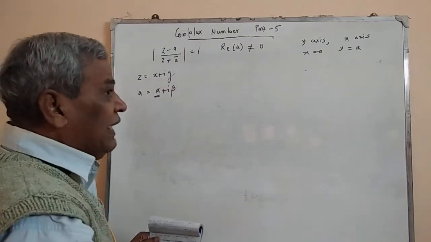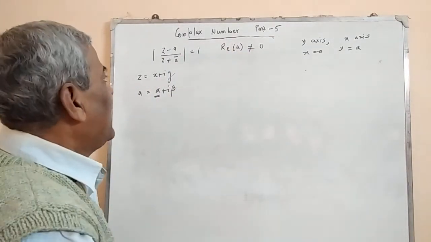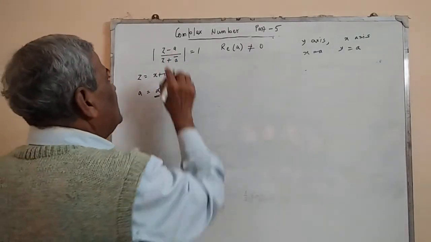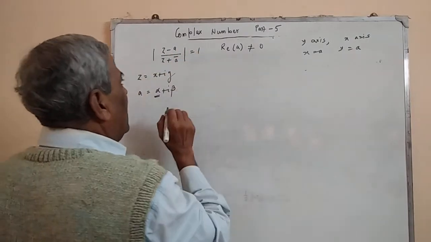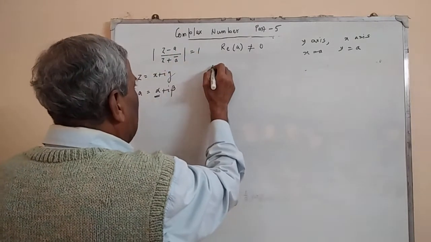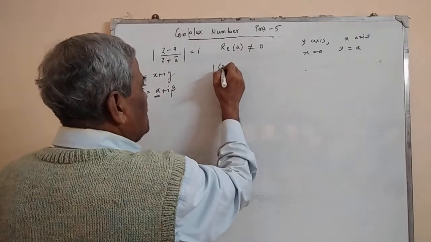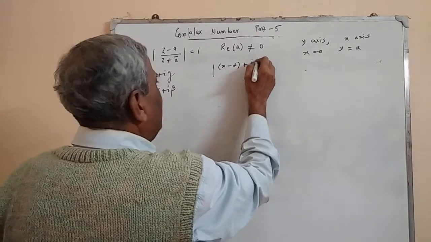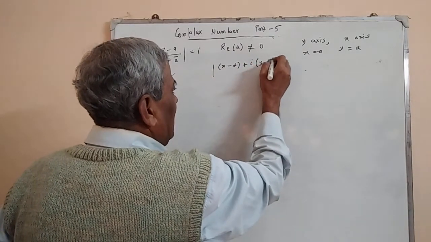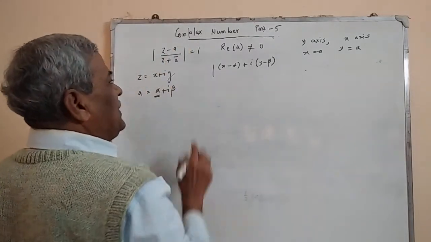This z lies on what? Y-axis, x-axis, and so on. So from the given condition, mod of (z minus a) by that is equal to 1. So z minus a is actually (x minus alpha) plus i into (y minus beta). This is mod of z minus a.